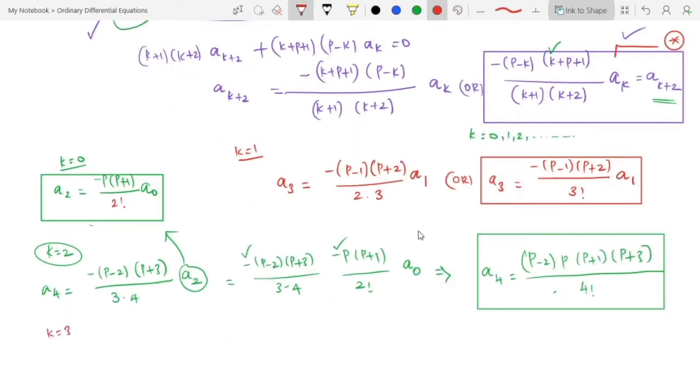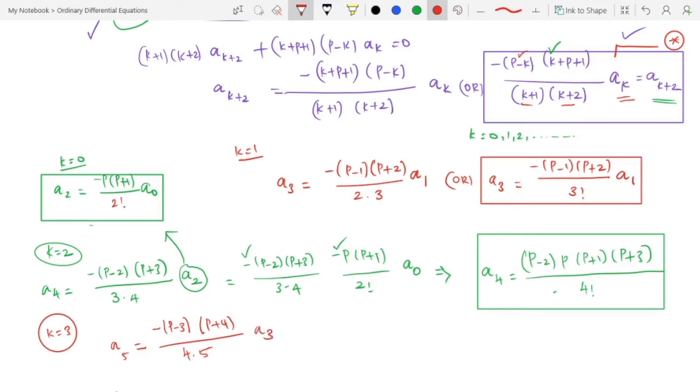Substituting k equal to 3 in equation star, we get a_{3+2}, that is a5, equal to -(p-3)(p+4) divided by (3+1)(3+2), that is 4 into 5, a3.